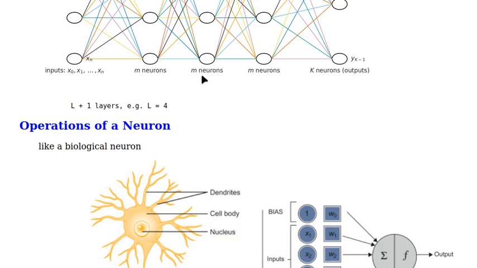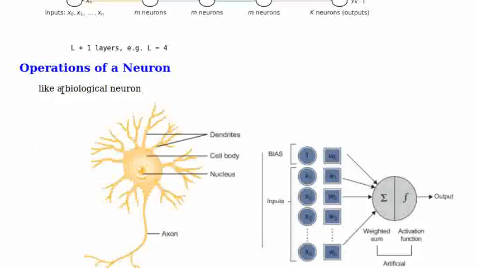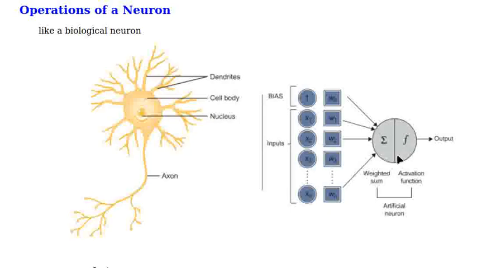The operations of a neuron in the network are like those of a biological neuron. They both receive signals from multiple inputs. The biological neuron receives electrical impulses through dendrites from other neurons, and the MLP neuron receives numerical inputs from many units in the previous layer. In this figure, it shows the input neurons.